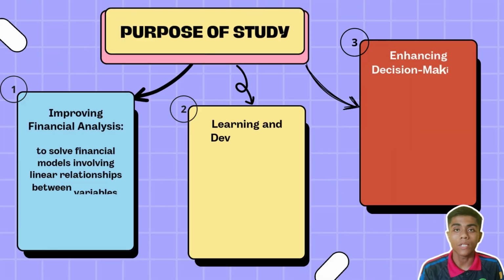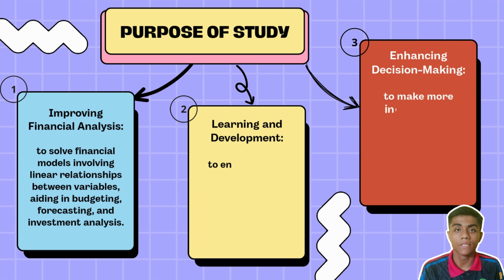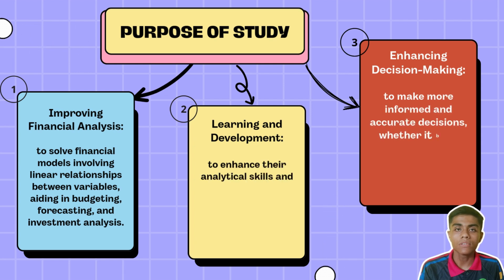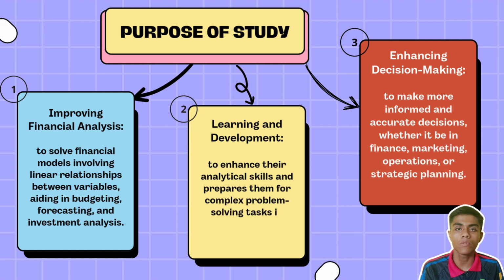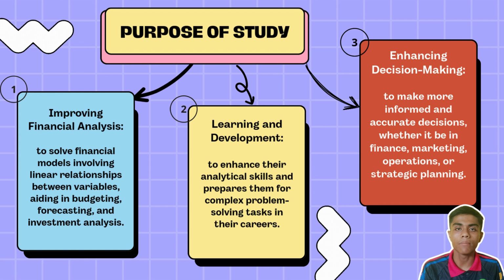Our purpose of conducting this case study is first to improve financial analysis. Cramer's rule can be used to solve financial models involving linear relationships between variables, aiding in budgeting, forecasting, and investment analysis. Next is learning and development for students and professionals in business education.